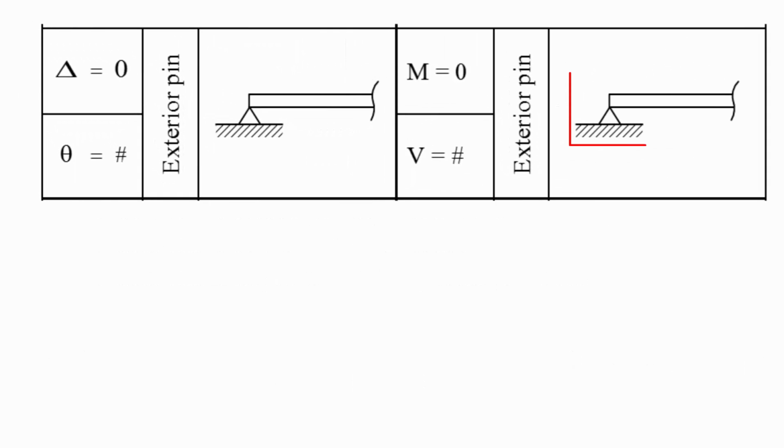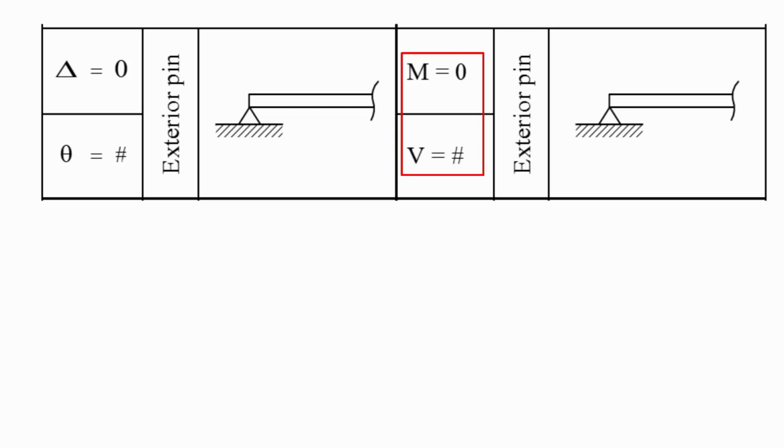Let's assume that the end condition on the right represents the real beam, and on the left is the conjugate beam, or vice versa, because you can talk about this back and forth. For the one on the right, I have an exterior pin, where I have a 0 moment, but I have some value for the shear.